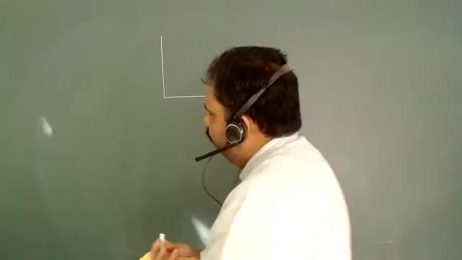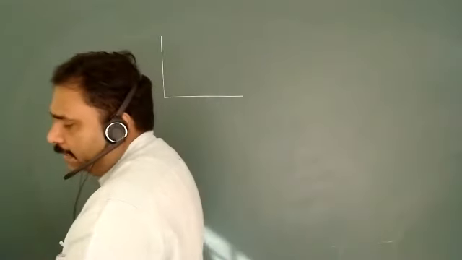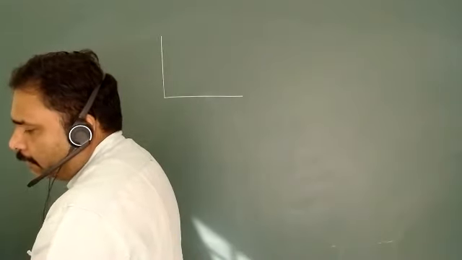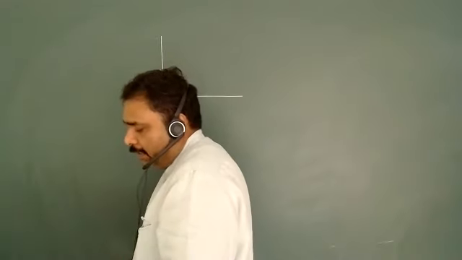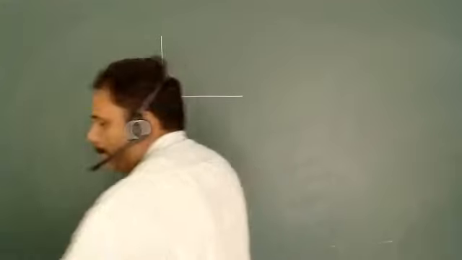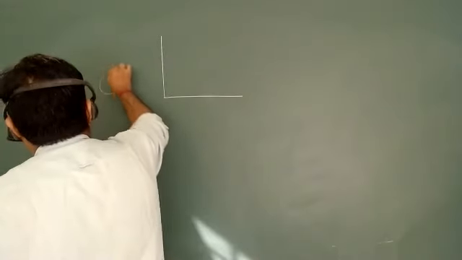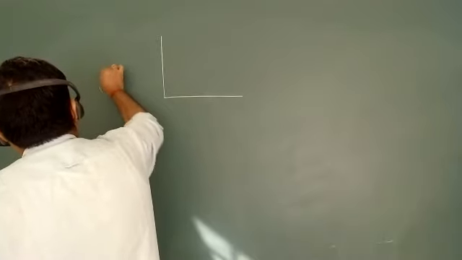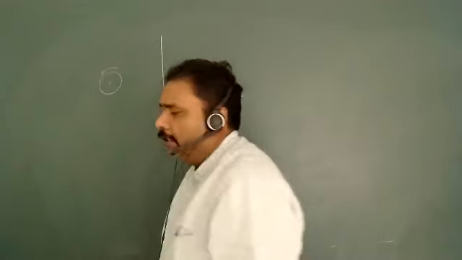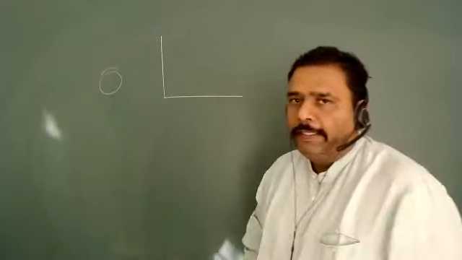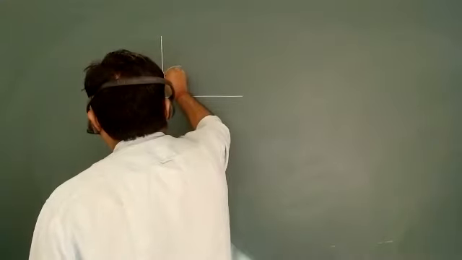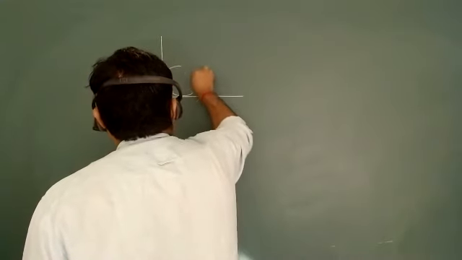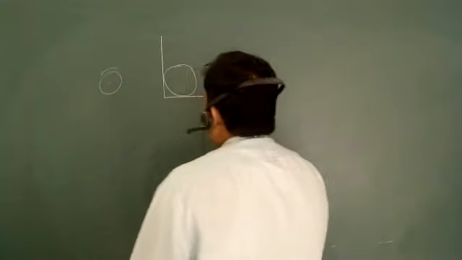What you do is take a cylinder, and give it some initial angular velocity omega naught, and put it in the corner of the wall, something like this.